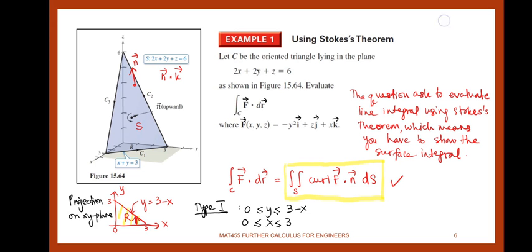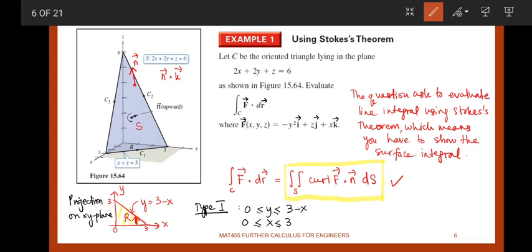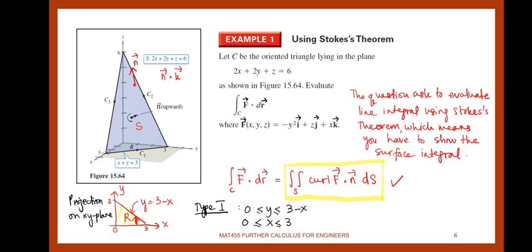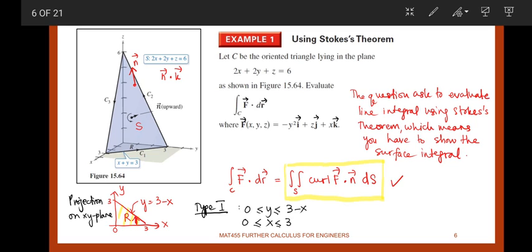Because your C moves counterclockwise, right? So therefore, you know this is upward. That is the surface S. Hence, because you want to show using surface integral, you must have all of your information first. You want to find the projection on xy plane first, because we had done this in the previous lesson.